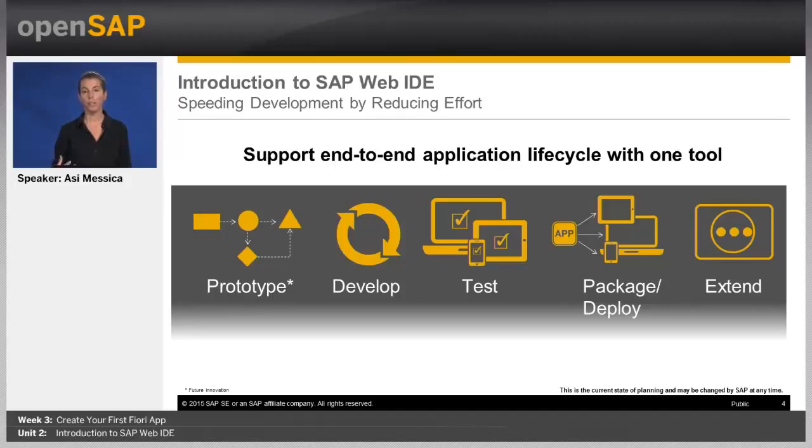And when we refer to the end-to-end application development lifecycle, we start from the prototyping of the application, then the development, the testing on the different devices, of course the packaging and the deployment into different application landscapes, and then later on, after we release the application, also the extension of the application in order to customize it and make it suitable for the different scenarios and customers.